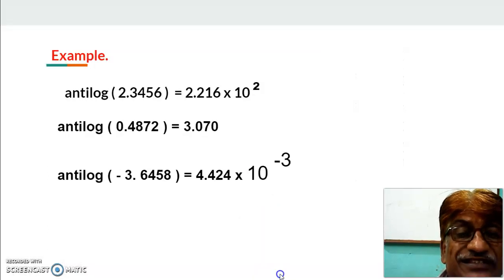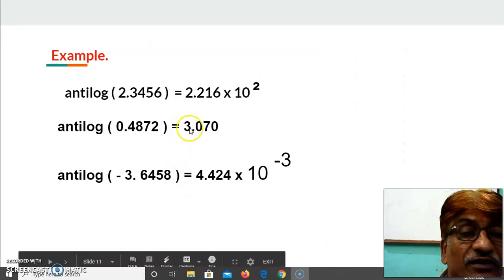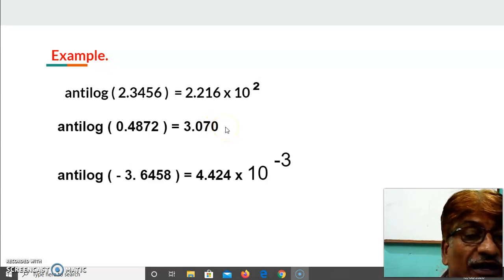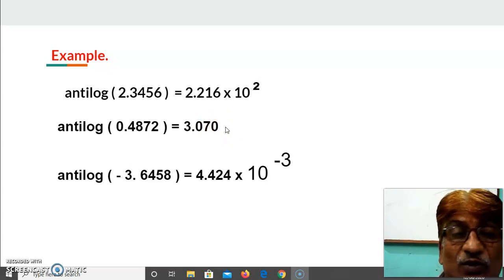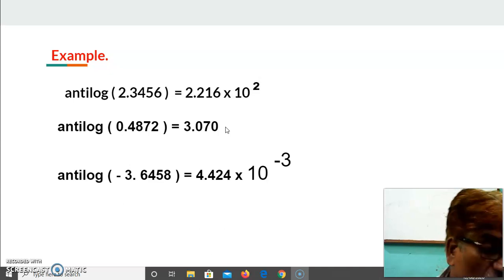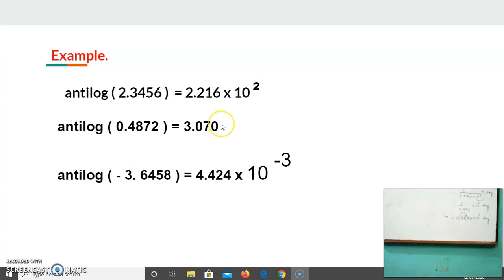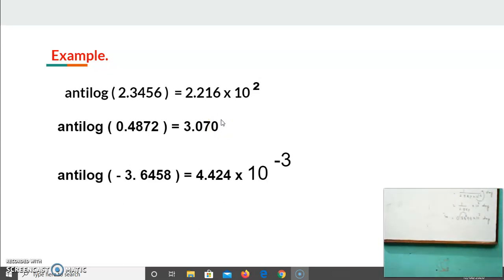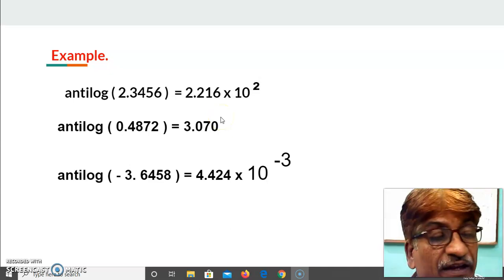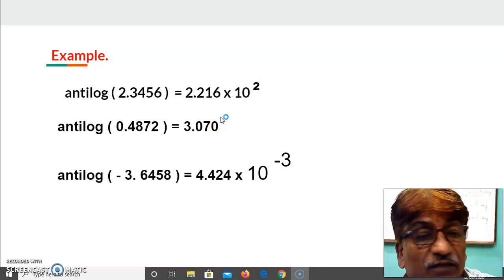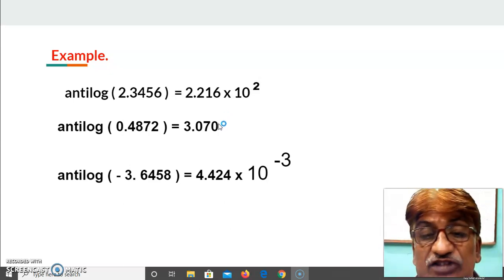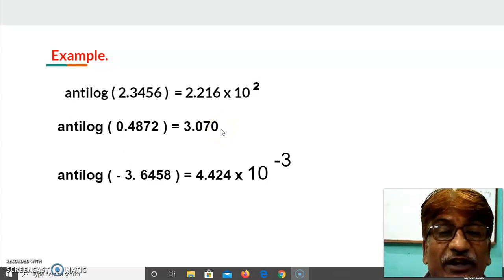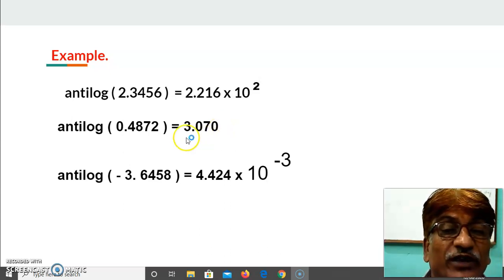So our answer will be 3.070, but we cannot write 10 to the power 0. Why? Because we know that any number whose power is 0, its value will be 1. So 3.07 into 10 raised to 0 means 1.